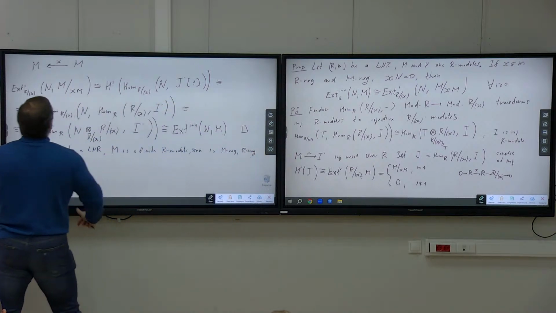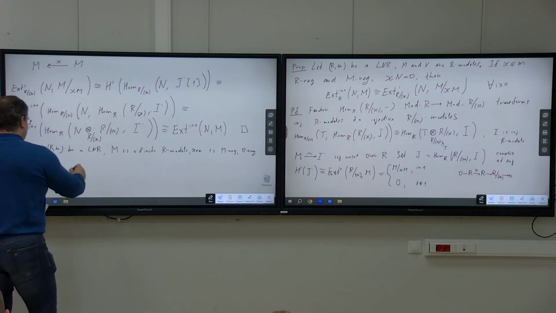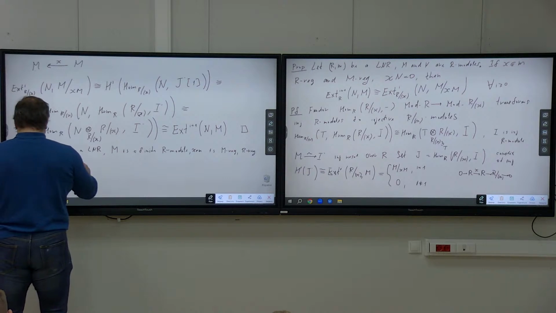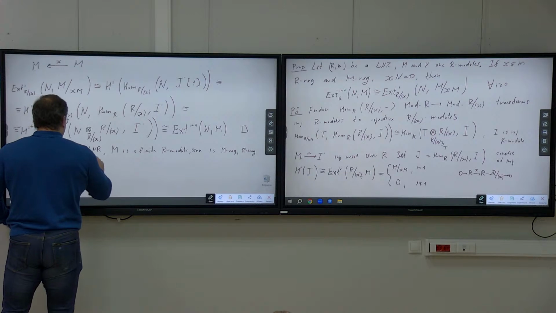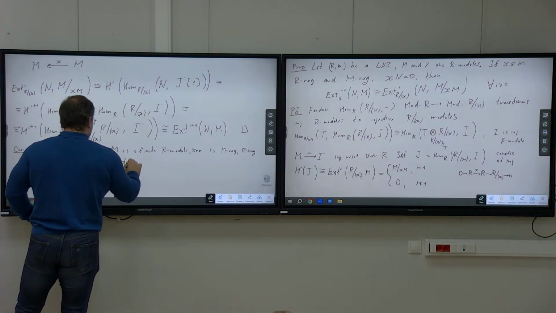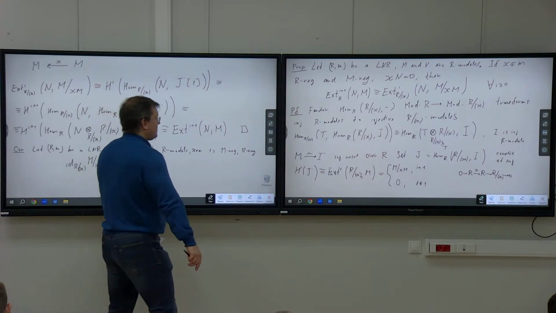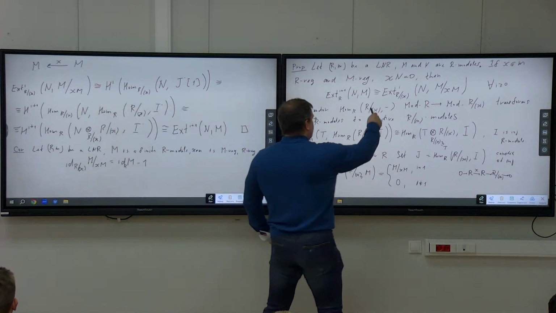Then, by looking at this Ext and comparing this with the definition of the injective dimension, I can see that the injective dimension over R modulo X of the module M modulo XM is equal to the injective dimension of M minus 1. Okay. This immediately follows from the characterization of the injective dimension in terms of Ext and this isomorphism.